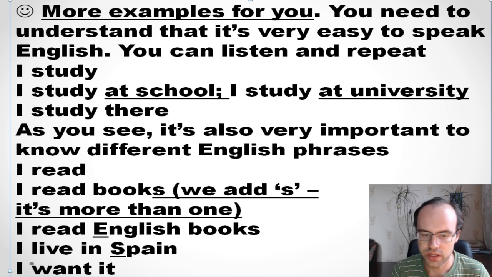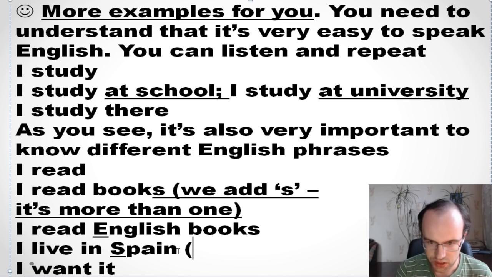I live in Spain. I want it. Okay, English and Spain, it's a capital letter.